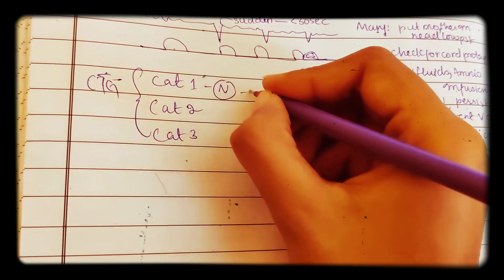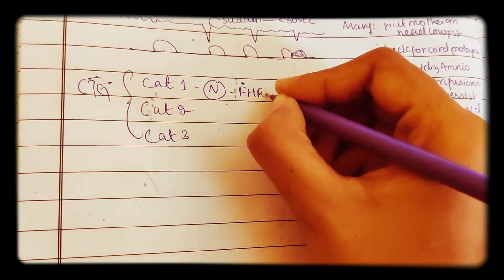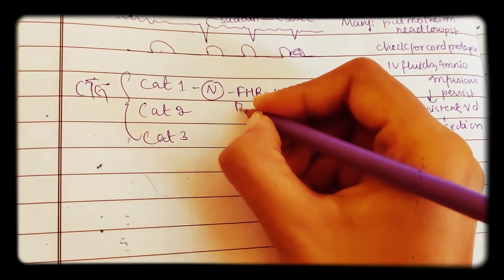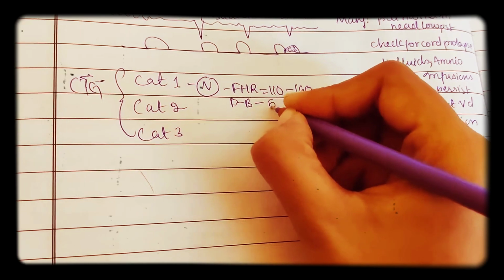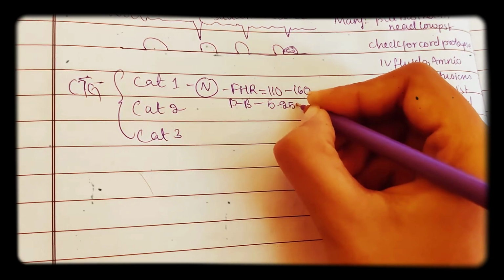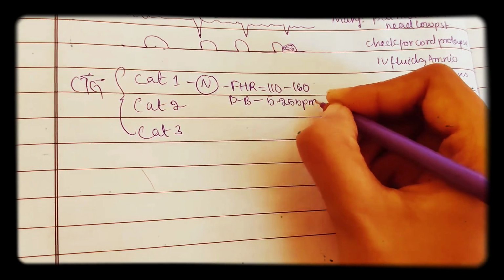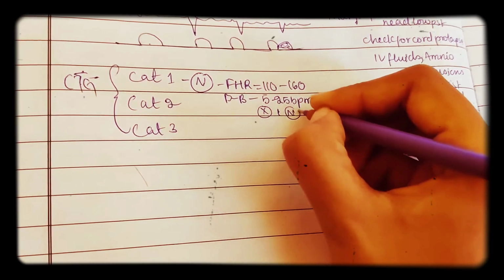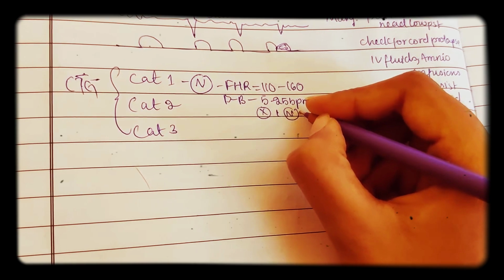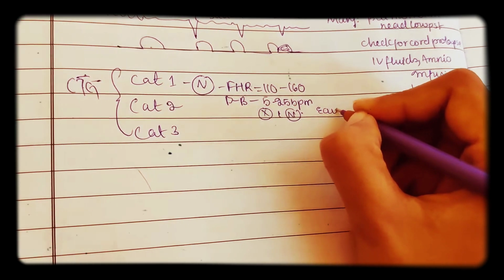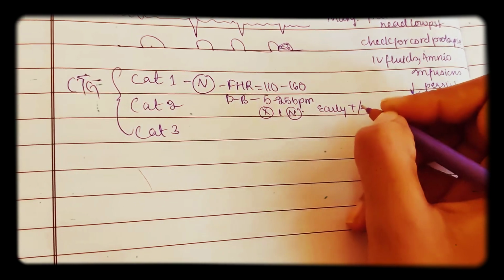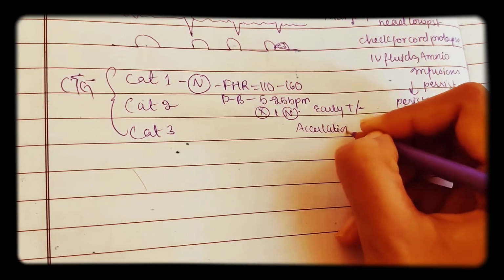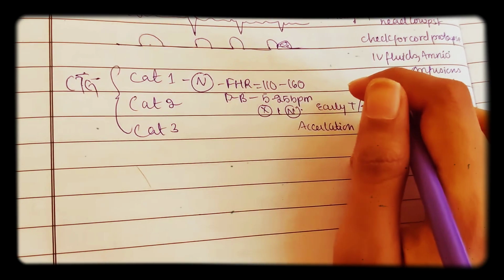The fetal heart rate would be between 110 to 160, and beat to beat variability will be 5 to 25 beats per minute, right? And there is no late deceleration, and no variable deceleration, and early deceleration may be present or absent, and acceleration may be present or absent, and this may be insignificant.